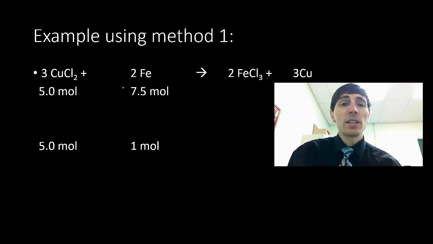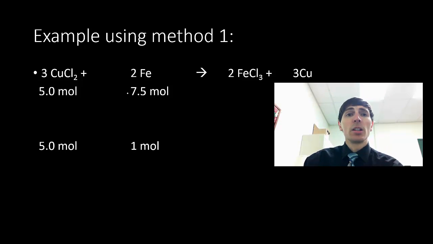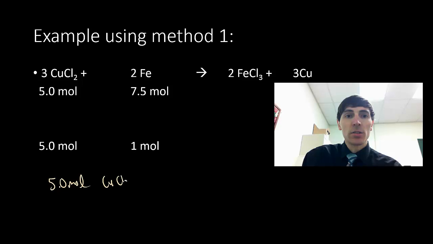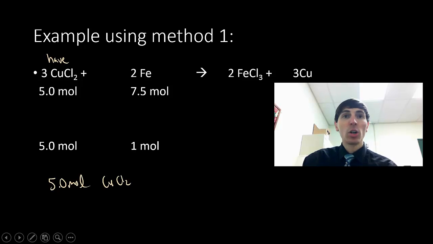Okay, so the first method is we're going to look at what's called a have-to-need relationship. So I have 5.0 moles of CuCl2. That's how much I have right now. So my question is, if all of this reacts, if I have a full cupboard of other ingredients, how much of this other stuff do I need to go with it?